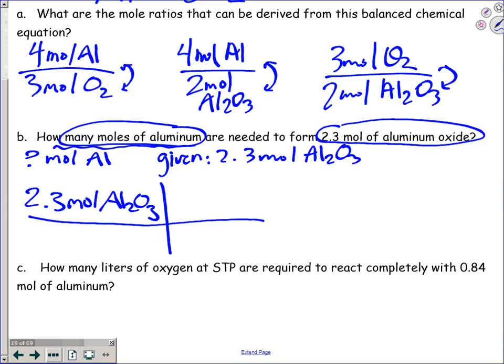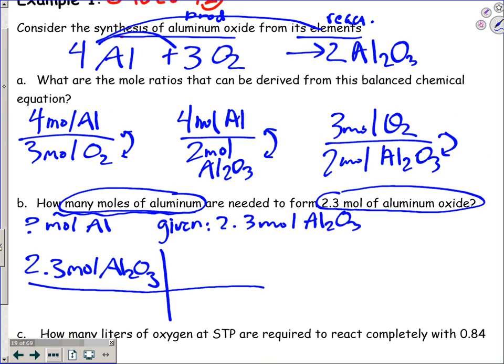So this is the only thing I'm scanning, one step right here. As I look back at my equation, I'm looking at these 2 things, aluminum and aluminum oxide. So what is the ratio? 4 to 2 or 2 to 4, but it does matter when I write it down. So who needs to go on the bottom to cancel?